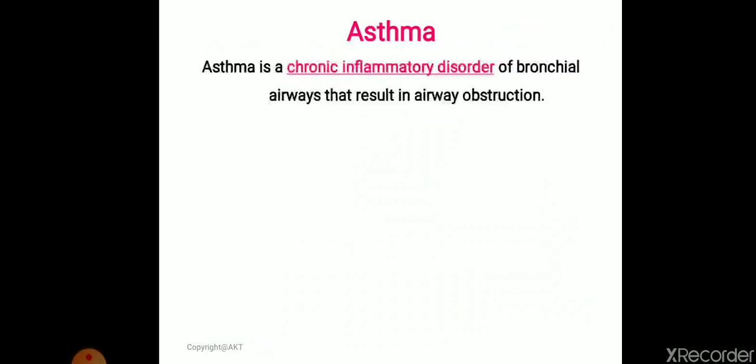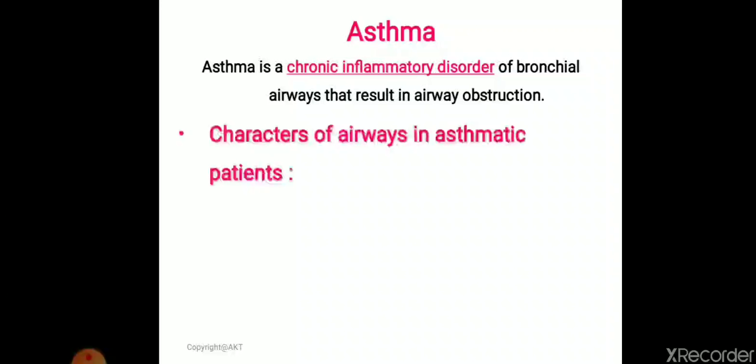So coming to asthma, it's a chronic inflammatory disorder which can result in an obstruction in the airway due to bronchospasm and difficulty in breathing. The character of the airway in an asthmatic patient is airway hyperreactivity. Not everyone gets asthma in all conditions.